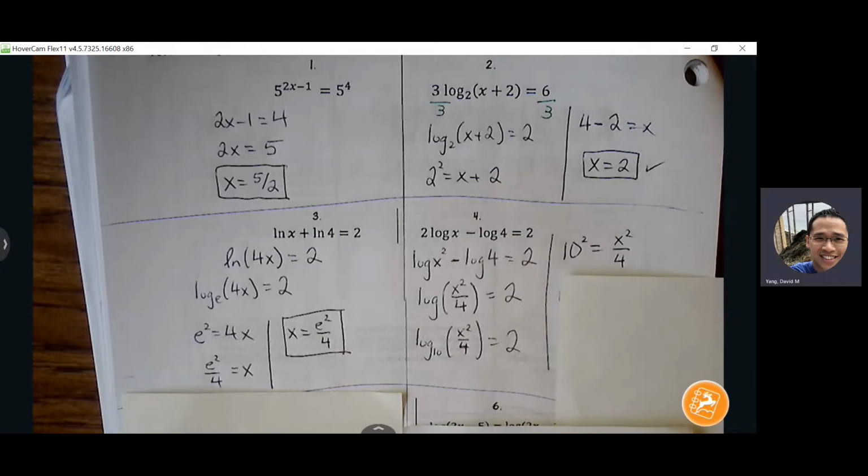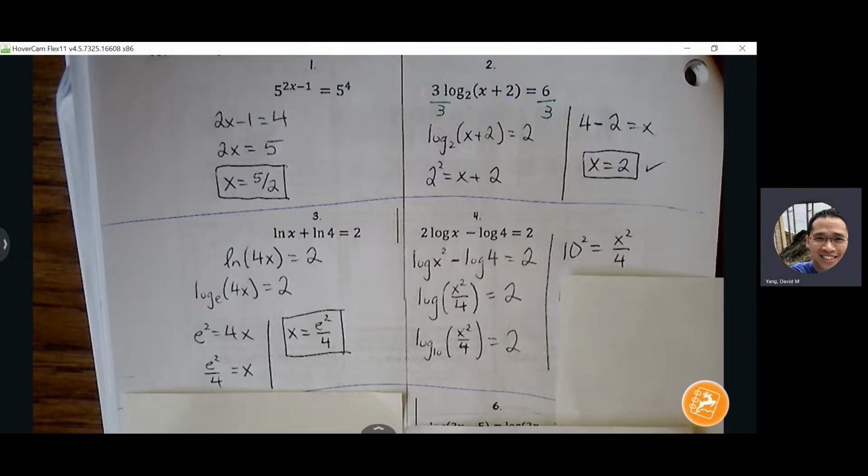You can make everything on both sides with 10 as the base. If you do that, the 10 to the log base 10 goes away. I'm left with x squared over 4 equals 10 to the second power. Now I can just cross multiply and solve for x.